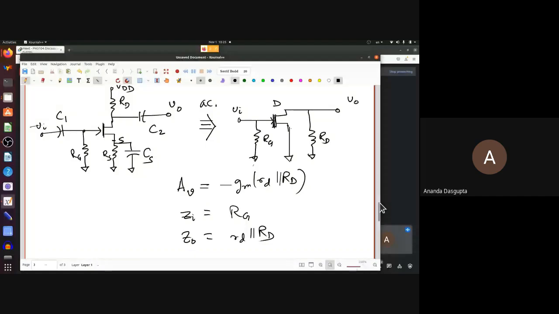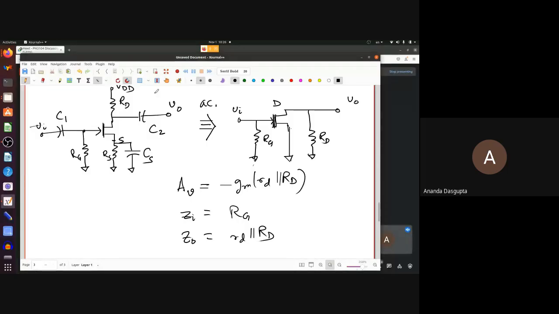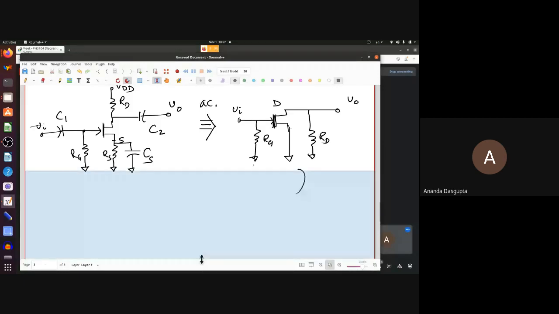Okay, so there was nothing much new to be done here, but let's just say we did not bypass the source, RS. It might be that we could do it like this. Let's push this out.